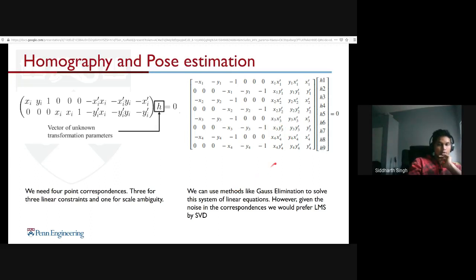But there is a problem, which is that we will have noise in the correspondences, right? Can anybody shed some light on why we would have noise in correspondences? This is something you also came across in scan matching.